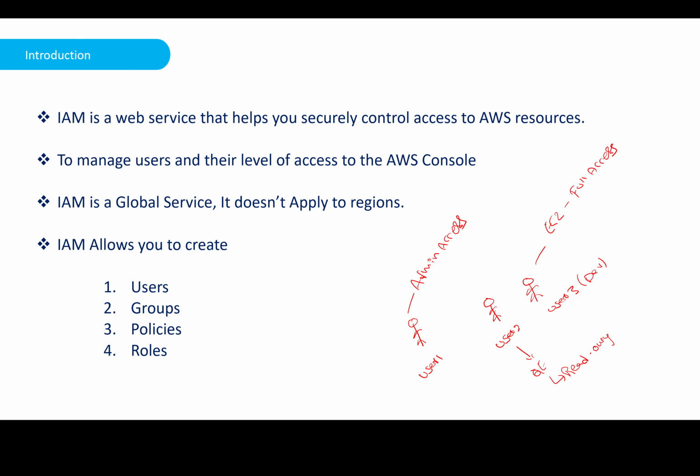That is how we securely control access to AWS resources. And also we can manage those users and their level of access, like what kind of access they should get: admin access, read-only access, full control on a single service, or full control on multiple services, that we can design.